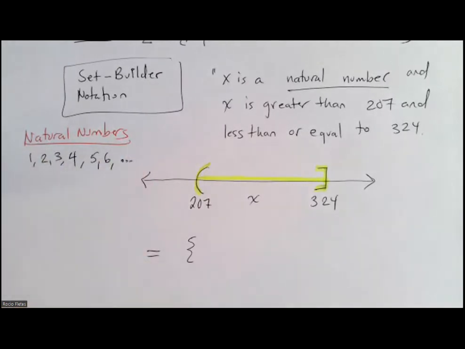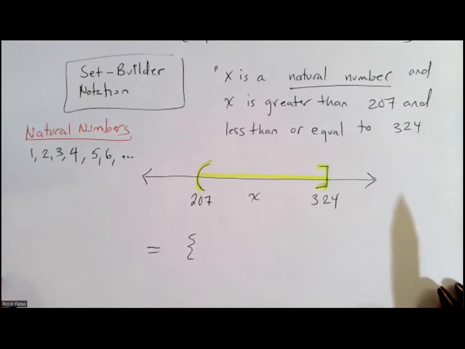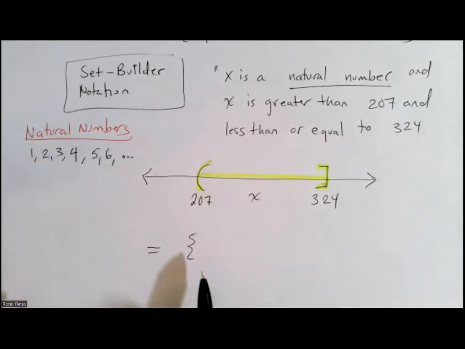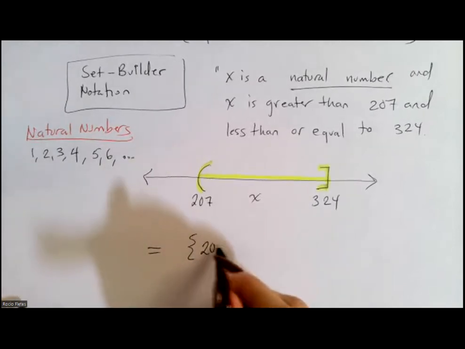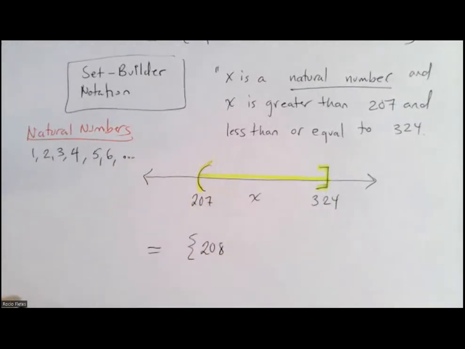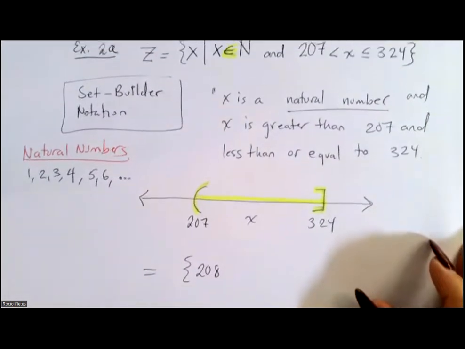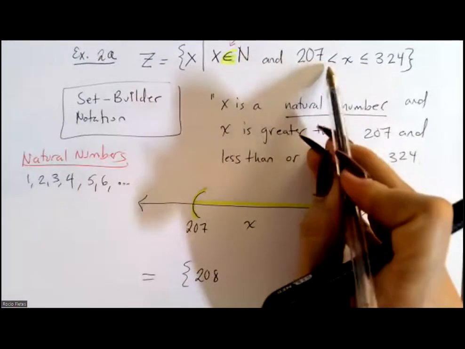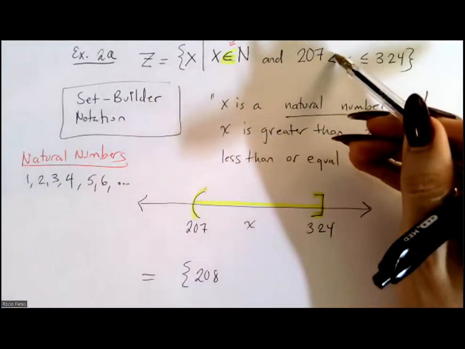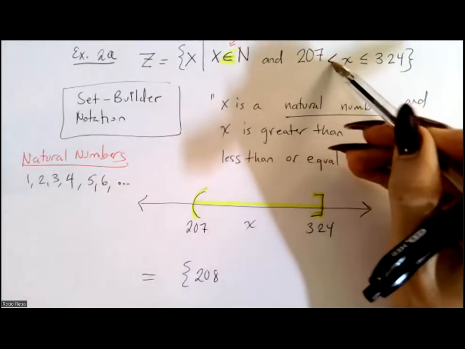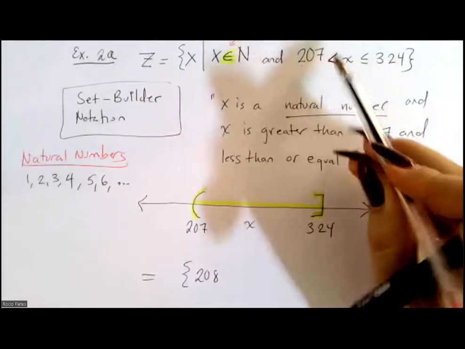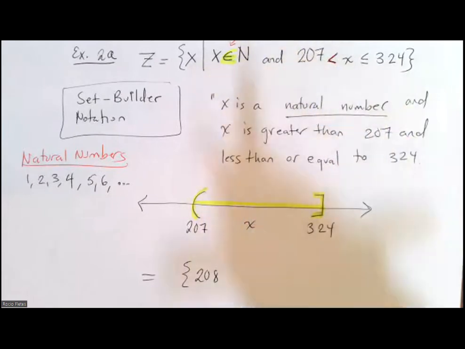Now that we know the definition of natural numbers, the set will include 208, because the parenthesis means you don't include 207. You don't see a line under the inequality sign here, so there's no equal. 207 is less than x.